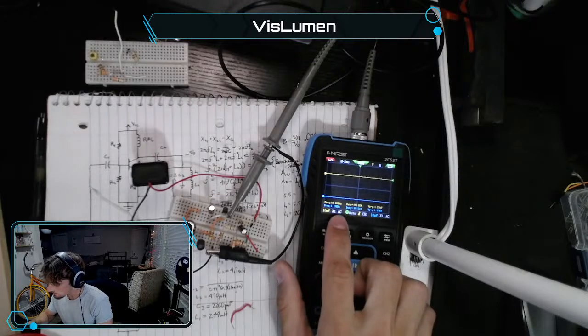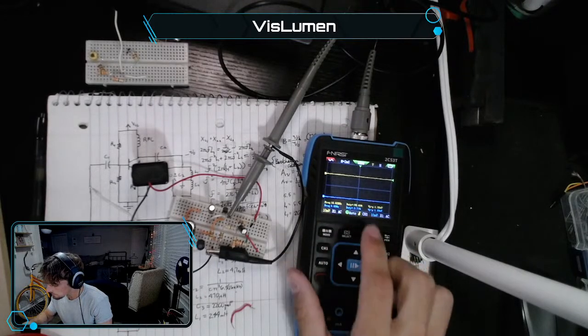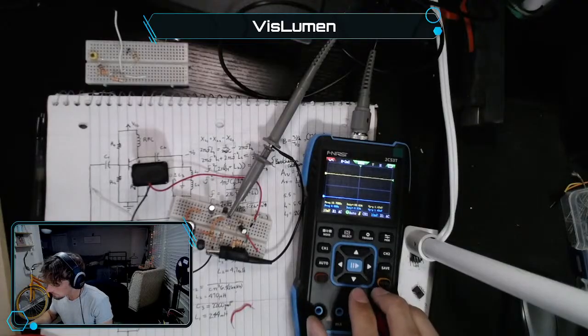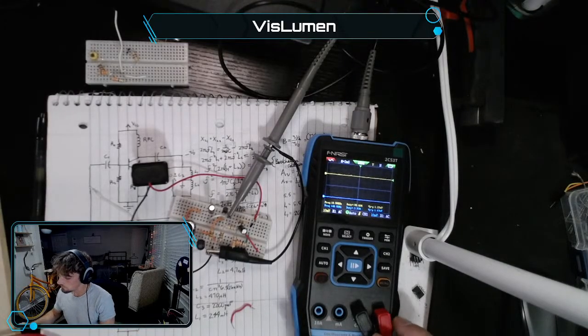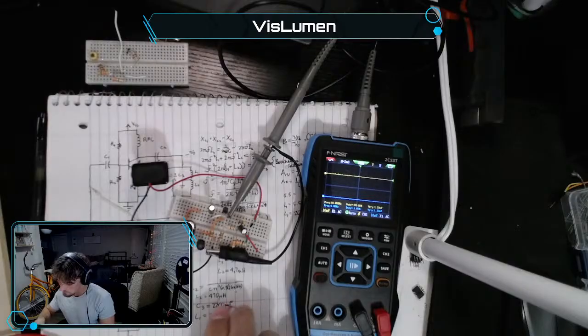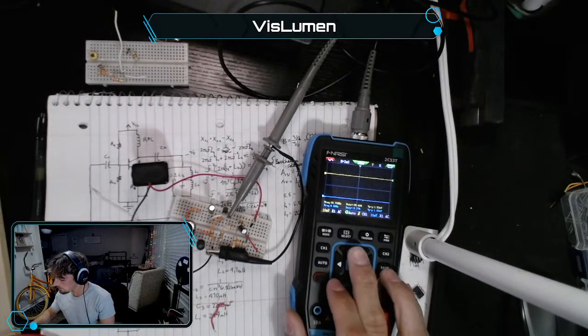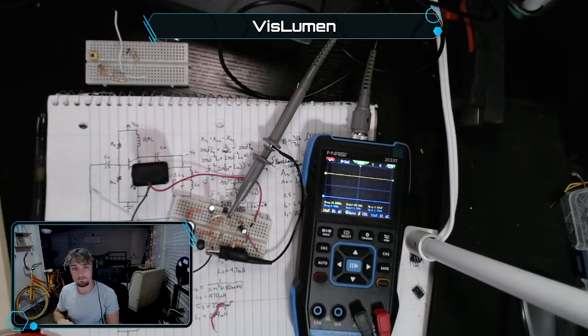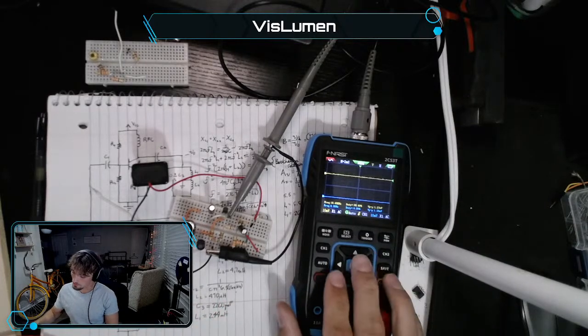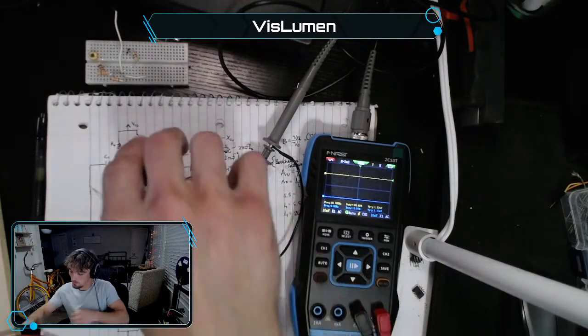Wait a second, 18 kilohertz. Ooh. Is that a reading? 18 kilohertz? It's just not a high enough gain. I changed it. That's why, right? Okay.